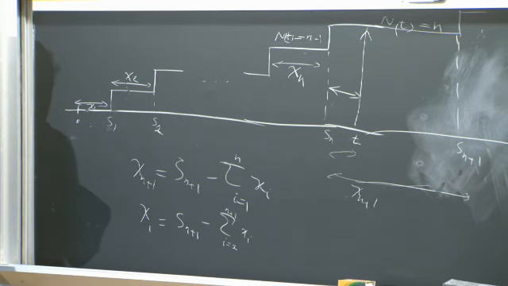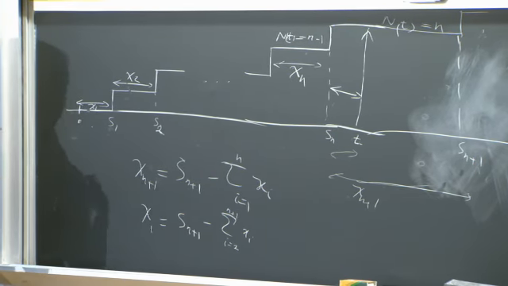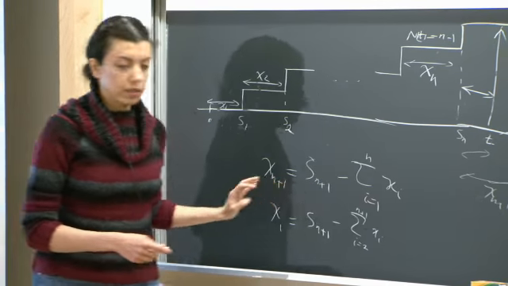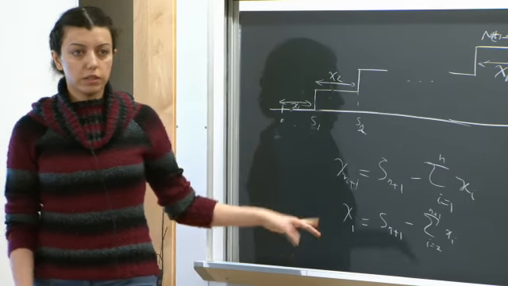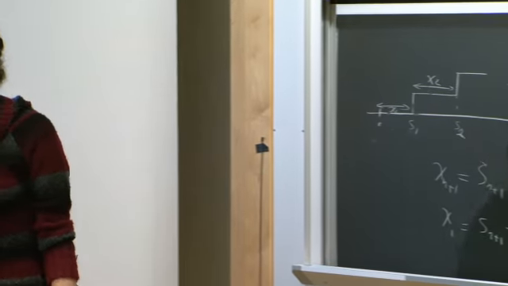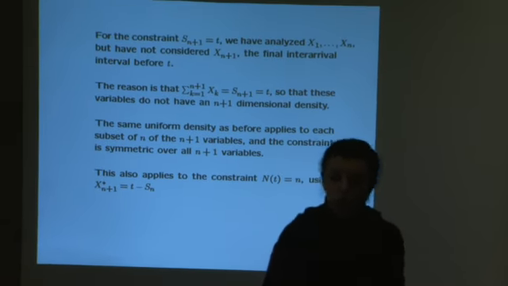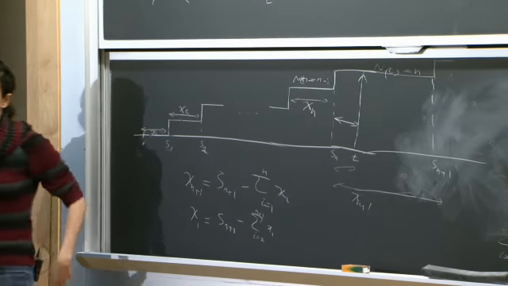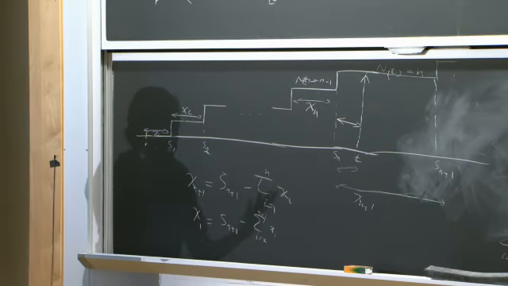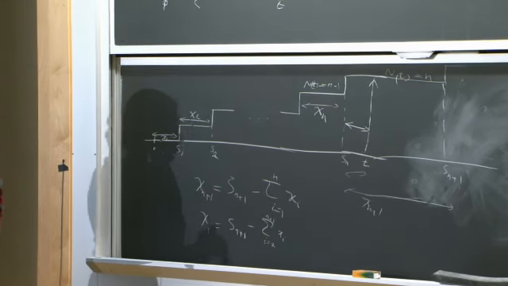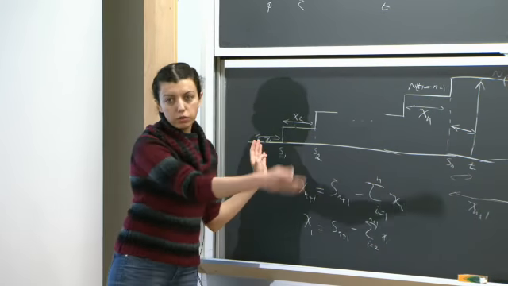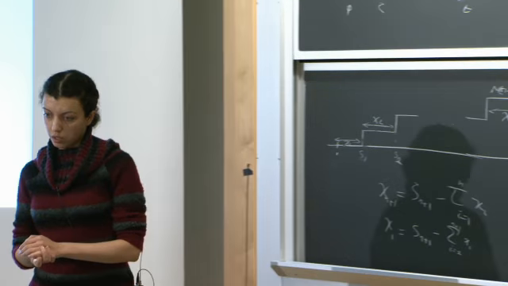But there are only n free parameters because the (n+1)th can be calculated linearly, in linear equations. So if we take any n random variables out of these n+1 random variables, we have the same story. It's going to be uniform over 0 to t, over this interval. So it's symmetric.